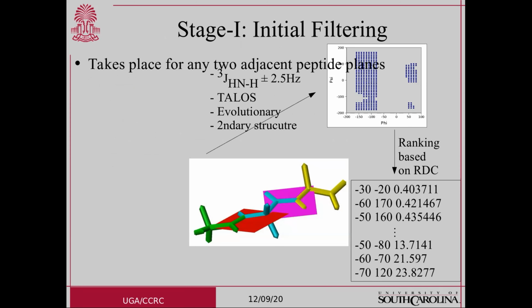I'm going to highlight something. REDCRAFT creates the structure of a protein progressively by starting at a dipeptide. I'm going to use, interchangeably, though inaccurately, peptide planes and amino acid residues in proteins in this presentation.